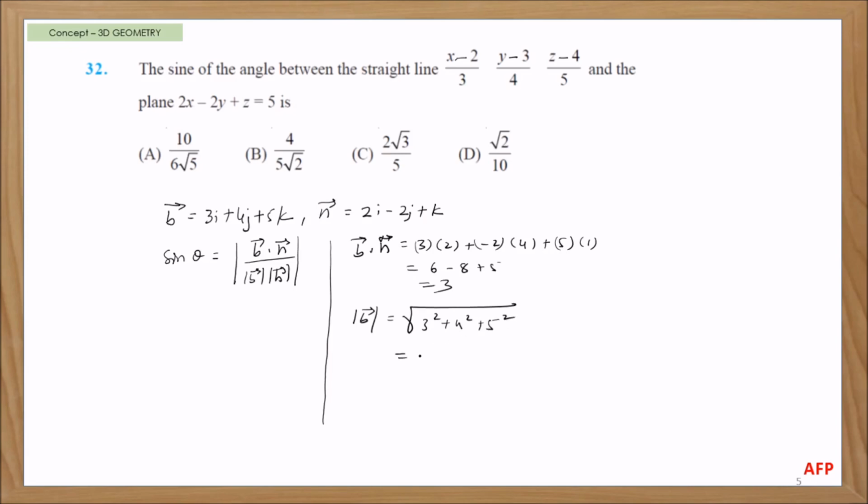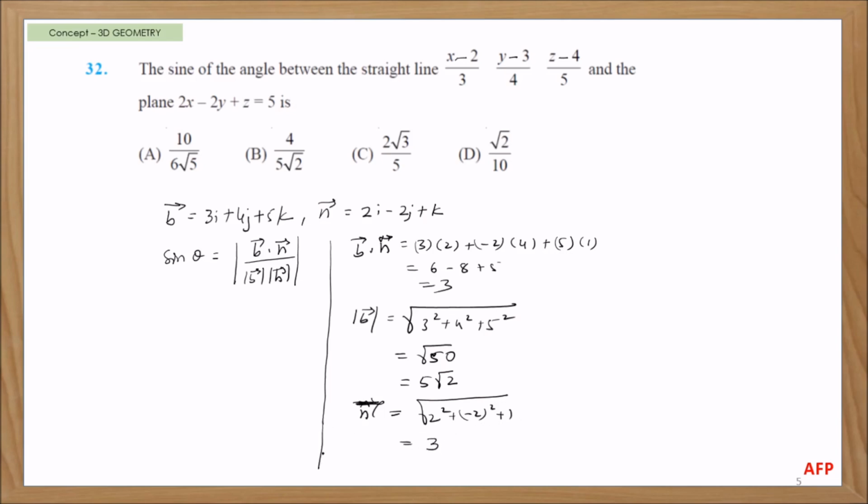So it is nothing but the square root of 50, which can be written as 5 root 2. Next, n vector, the square root of 2 square plus minus 2 square plus 1, so the square root of 4 plus 4 plus 1, which is 9. So it is nothing but 3.